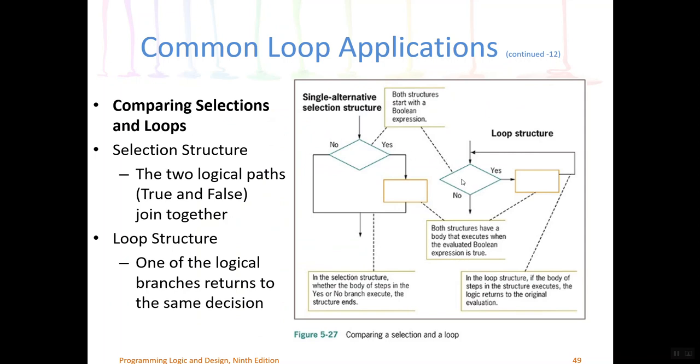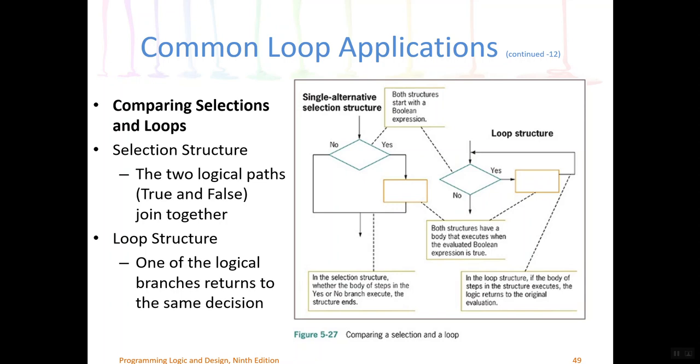Well, the pretest loop, anyway, starts with the Boolean expression. So they have that in common, and they also have a set of statements here and here that are executed in the body. These are the statements executed in the selection structure when the test is true. These are the statements that execute in the loop when the loop test is true.